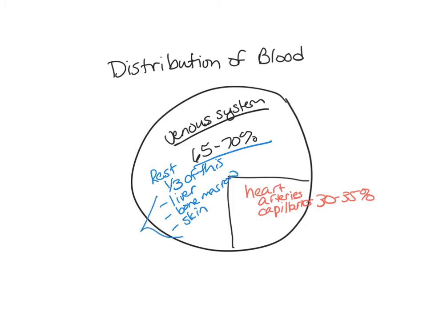So because they are holding a lot of blood, these things are blood reservoirs. At rest, they're holding a lot of that blood. And then when you're not at rest, they can release that blood and put it out into circulation.